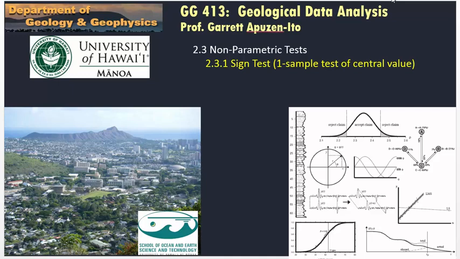This series of videos will go through some example non-parametric tests. In this video in particular, we're going to cover the sign test, which is a one-sample test of the central value of a population. So the sign test is a test of mean and median if the sampled population is symmetrical.